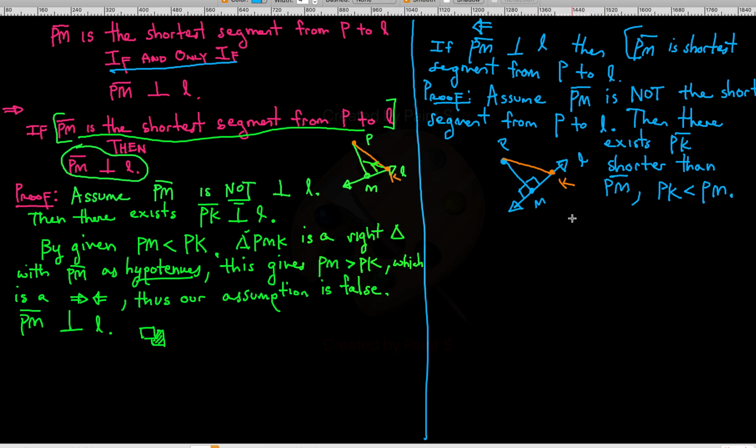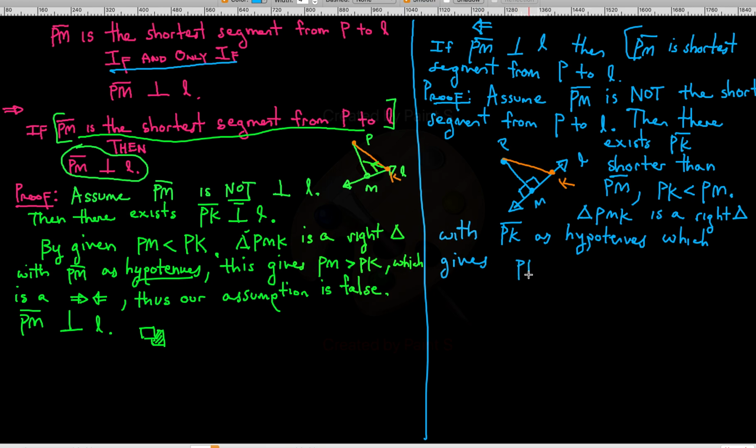But we know that triangle PMK is a right triangle with segment PK as hypotenuse, which gives, because we know the hypotenuse is the longest side, that PK must be greater than PM.